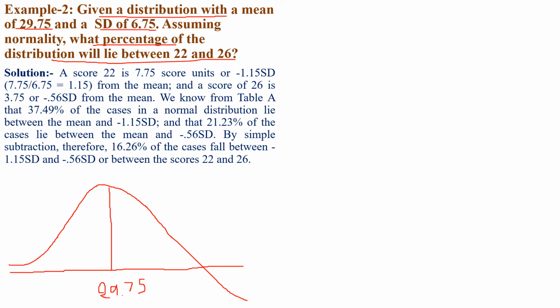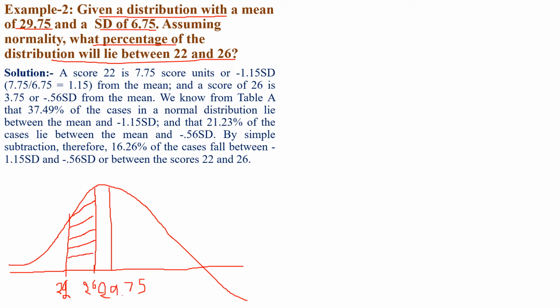So obviously both scores are on the minus side, so 22 to 26. This particular part we need to calculate, 22 to 26. It means this is on the minus side of our distribution, so we have to find the percentage area under this particular part.